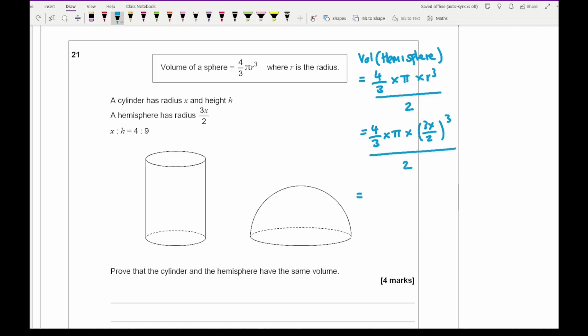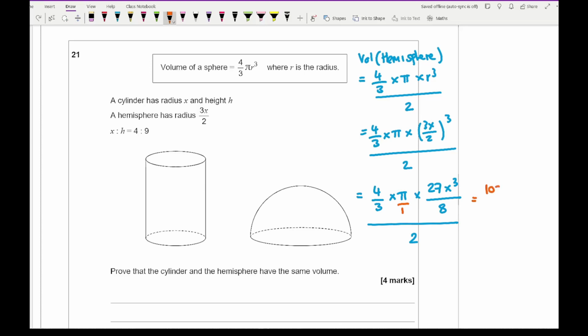Simplifying this, we get 4 over 3 times pi, and then 3x cubed gives 27x cubed, and 2 cubed is 8, and we divide that all by 2. Now we can write it as a single fraction, so 27 times 4 is 108.